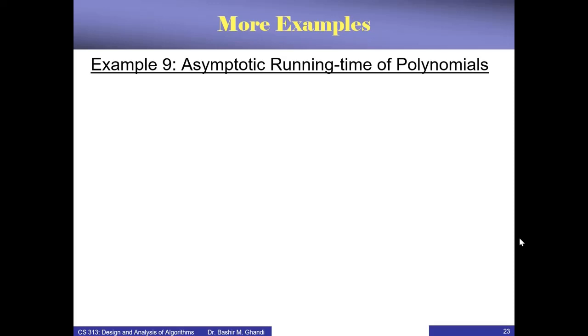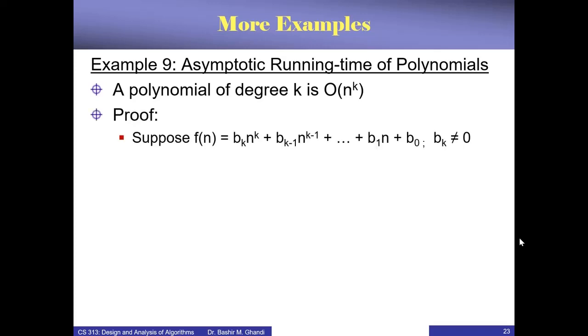Actually, most of the examples we saw earlier were on polynomials. This example tries to generalize it. Okay, so a polynomial of degree k can always be said to be big O of n to power k. Proof. So suppose your polynomial is this. Of course, polynomials are always in this form: some constant bk times n to power k.